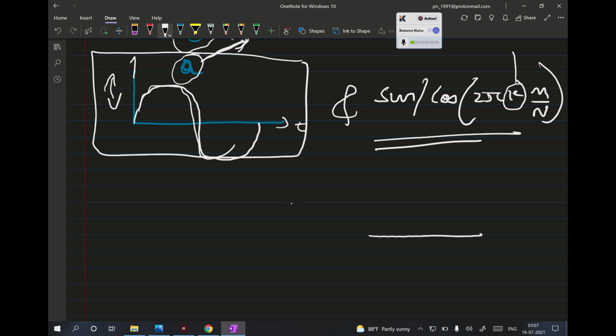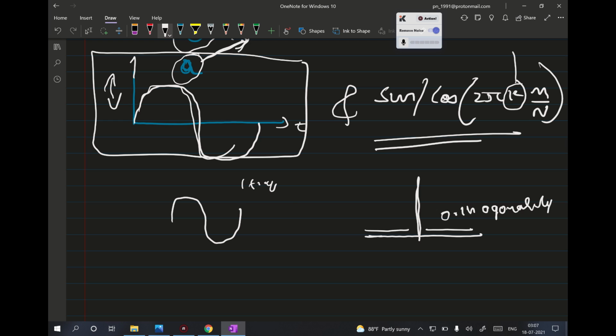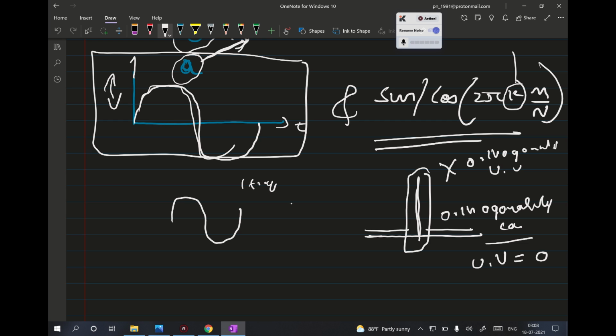We will be getting a response like this for one frequency wave, because for the rest of the points we will be satisfying the orthogonality condition, but only at this point we will not be satisfying the orthogonality check. In vector form, the dot product is 0, but here the dot product is not 0.